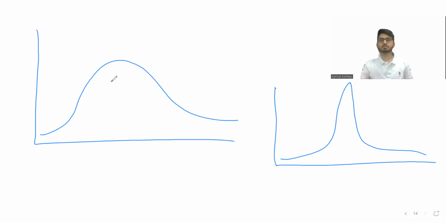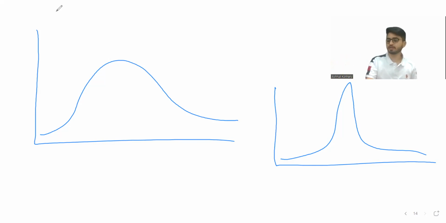What is this difference? This is measured by kurtosis. Like skewness was for the third power, kurtosis is calculated using the fourth power. Here the thickness of the peak is very broad, and here it is very narrow. So we have something called mesokurtic, platykurtic, leptokurtic, which gives us information about the kurtosis.